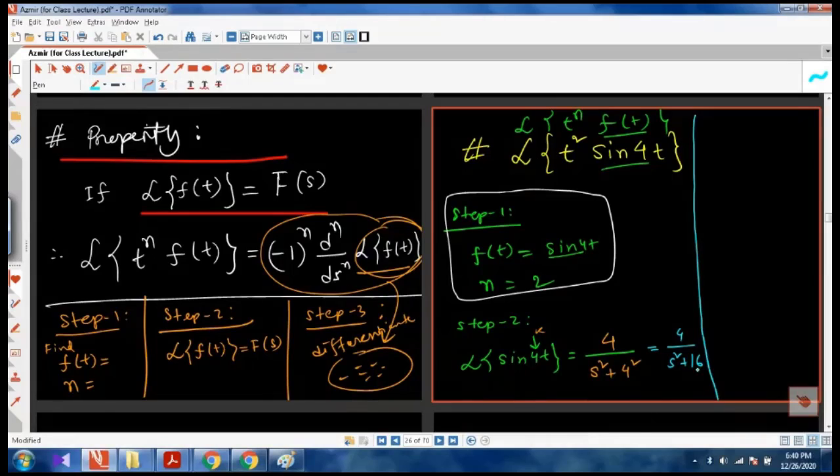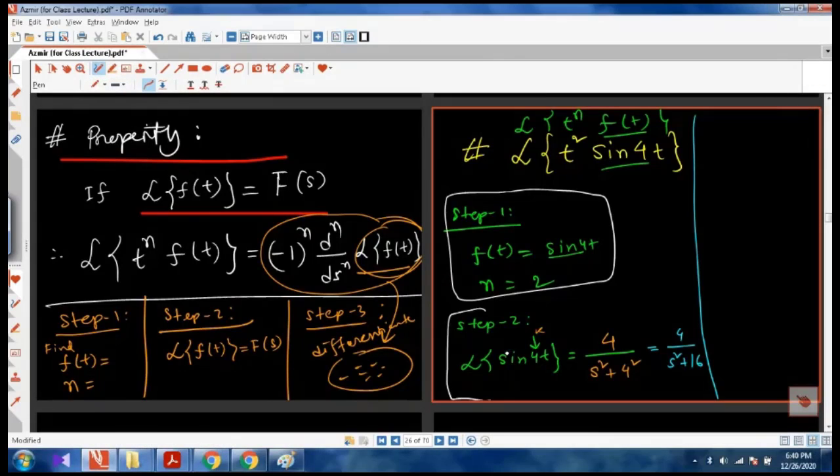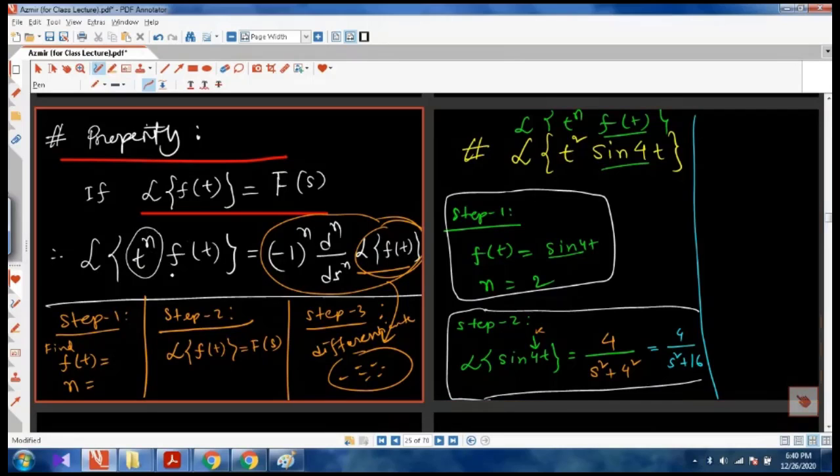So let's go with step 3. Step 1 and step 2 are done. Actually, why are we going with property 3? Because we don't have any direct formula for t power n times f of t. So that's why this differentiation rule is coming.